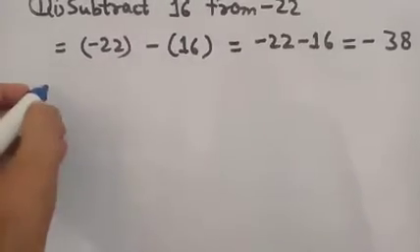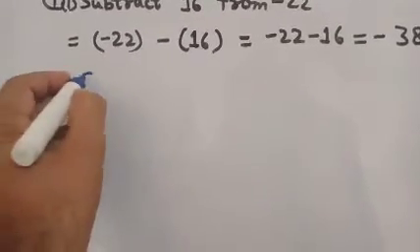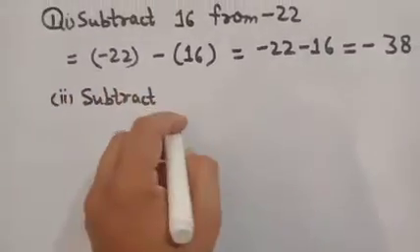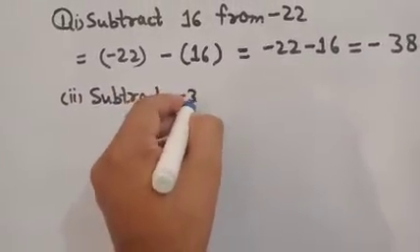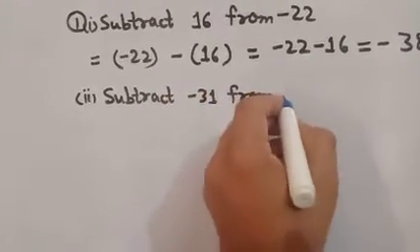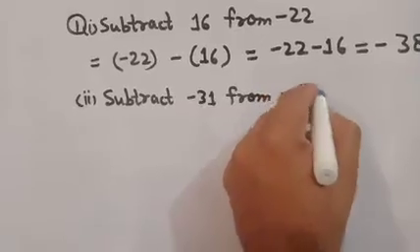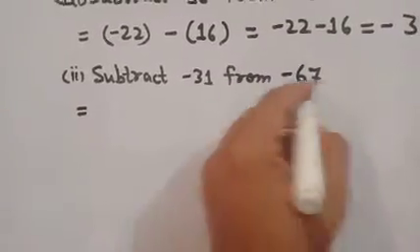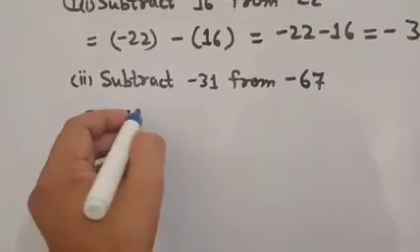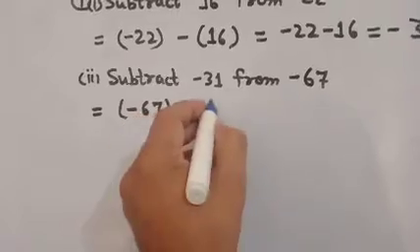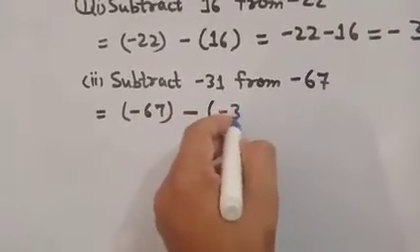Now the second part is subtract minus 31 from minus 67. With the same process, you note down the first, minus 67, put the subtraction sign, and the minus 31.